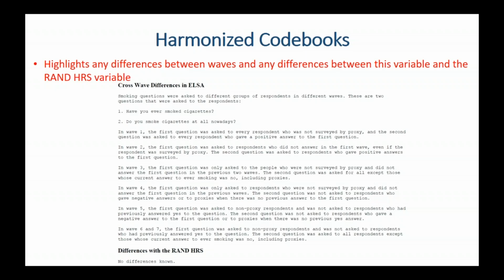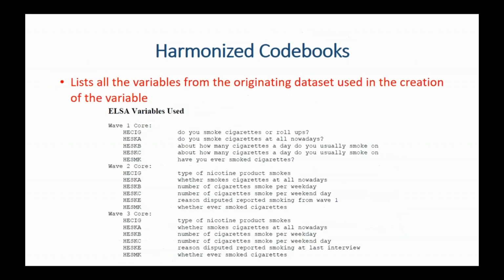As well as highlighting any differences between the waves and any differences between this variable and the RAND HRS variable. Lastly, the codebook lists all the variables from the original datasets that were used in creating the harmonized variable. We do all of this so that researchers can feel totally comfortable using these harmonized datasets and comparing variables between the datasets.